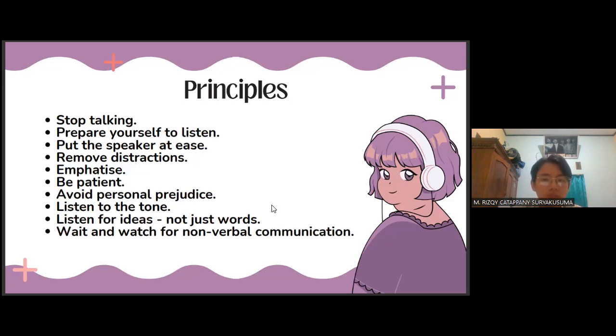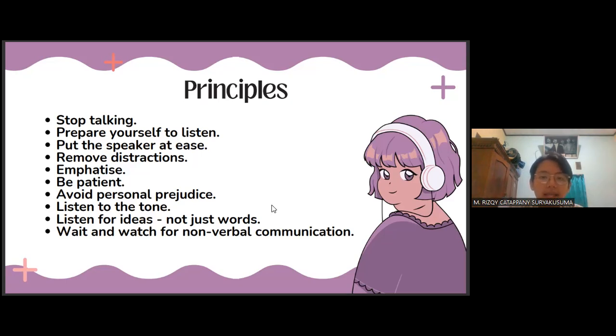Tone is really important because tone can determine the meaning of the words that were used in the listening material. So that's why we have to listen really well so we can distinguish the tone, so that we can differentiate the words by hearing the tone.